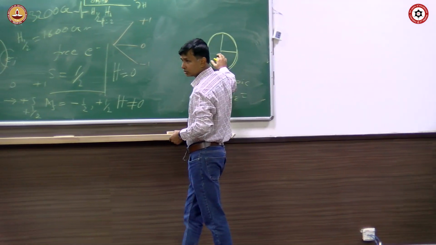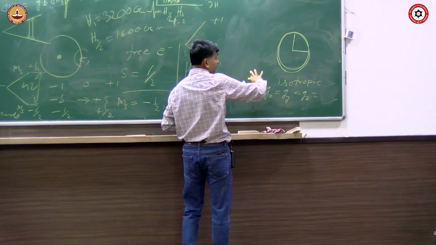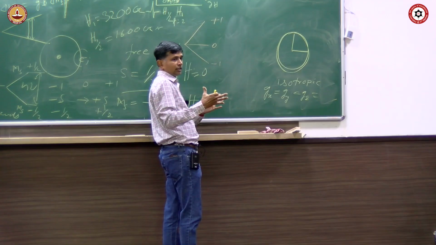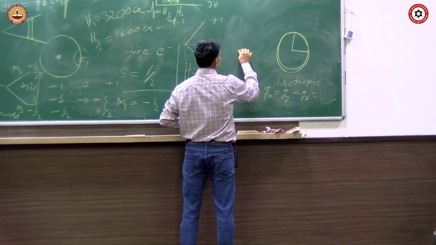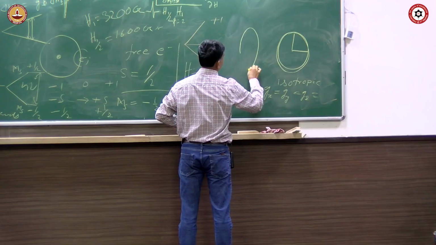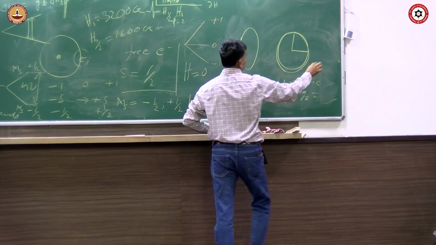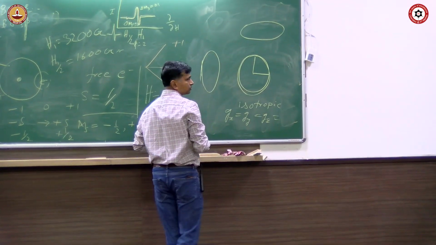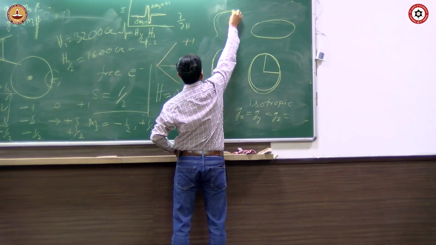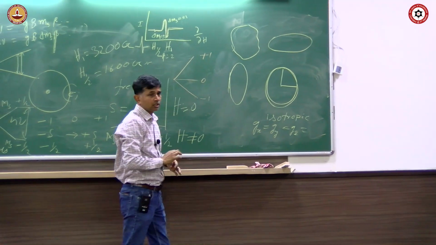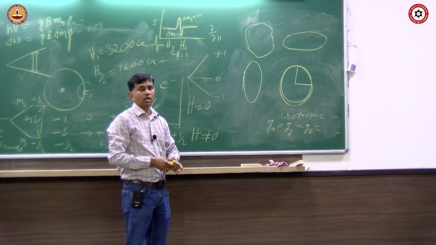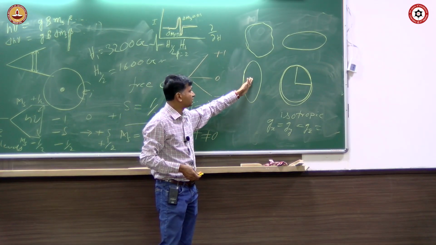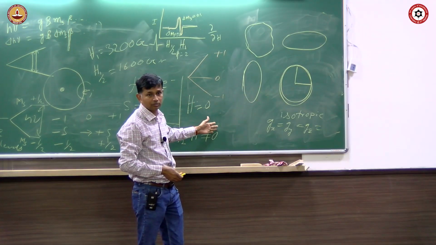Now if I make bonds in a way that the ligand distribution is not spherical, it changes to a shape like this, or like this, or like this, and it has a different meaning. Now how does it matter to you? Because their shape will be reflected in the EPR spectrum.